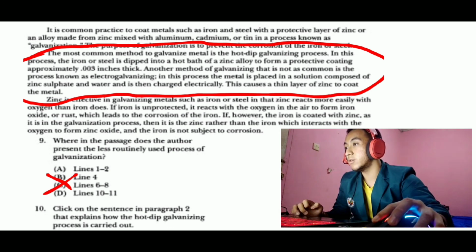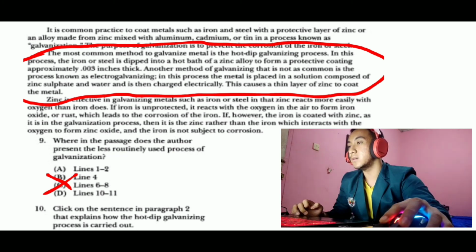In this process, the iron or steel is dipped into a hot bath of a zinc alloy to form a protective coating approximately 0.003 inches thick. Another method of galvanizing that is not as common is the process known as electrogalvanizing. In this process, the metal is placed in a solution composed of zinc sulfate and water and is then charged electrically. This causes a thin layer of zinc to coat the metal.